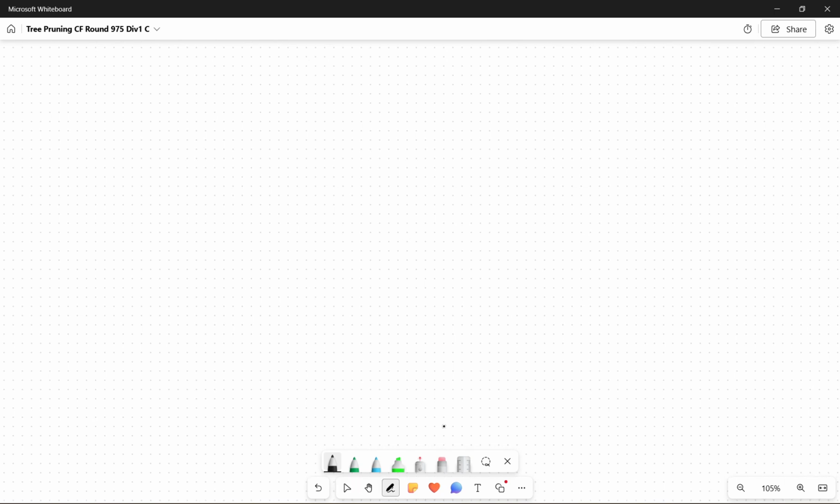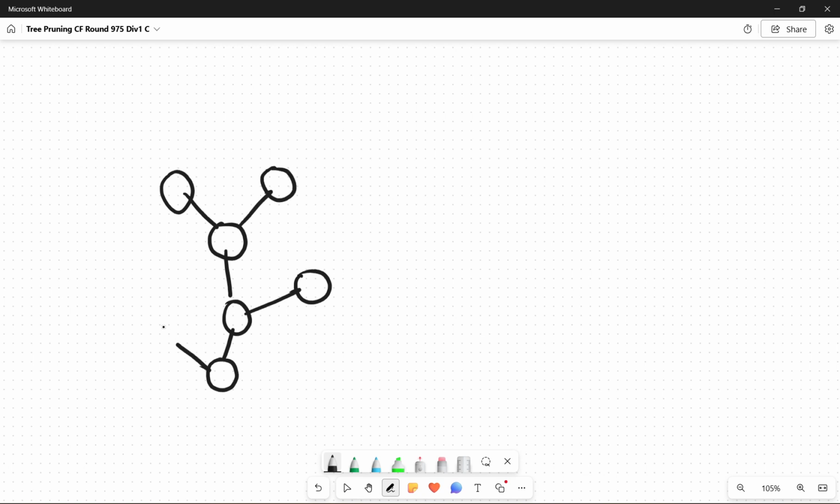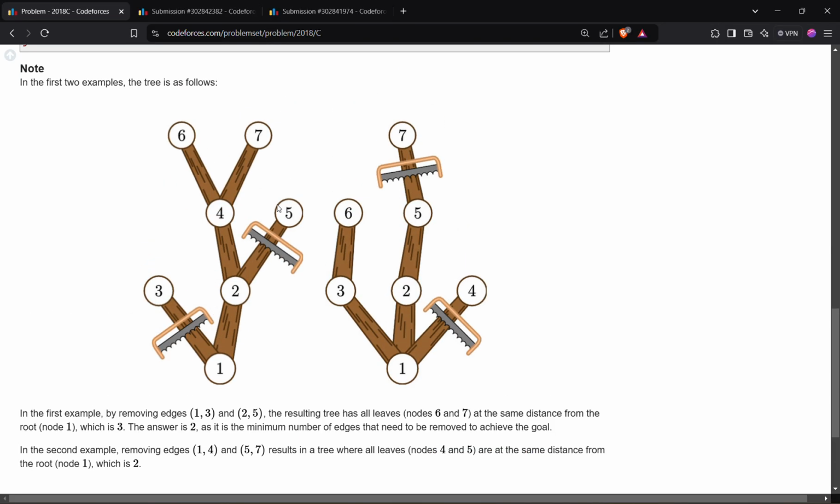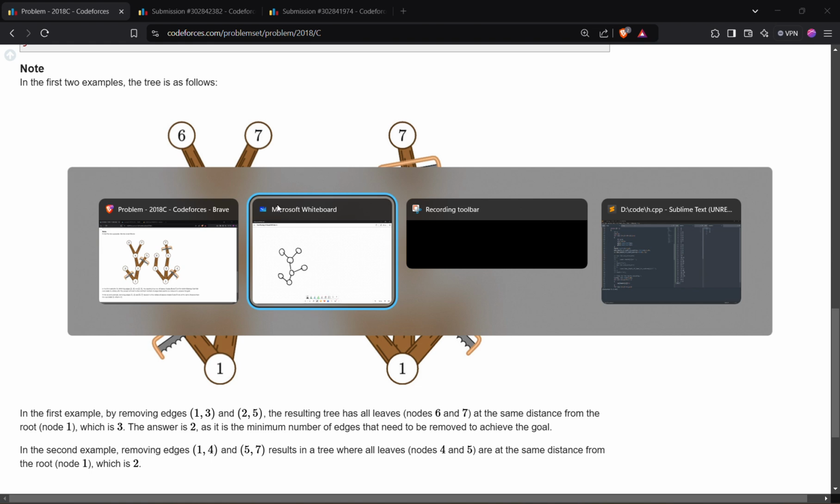So let me draw the tree itself. It won't take too much time, I believe. Was this the tree? Yes, I think that's correct.